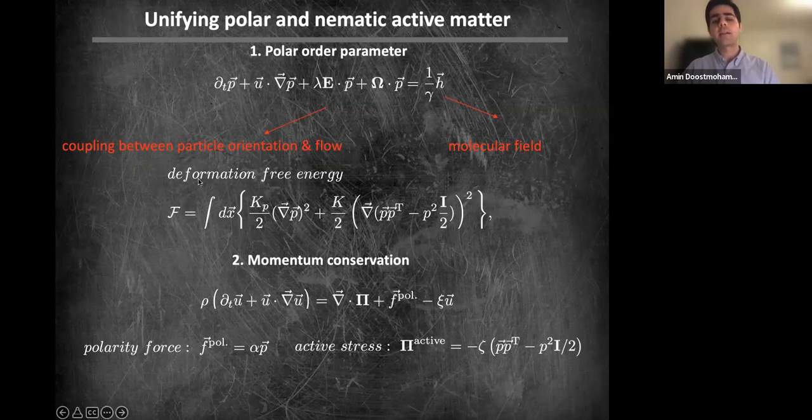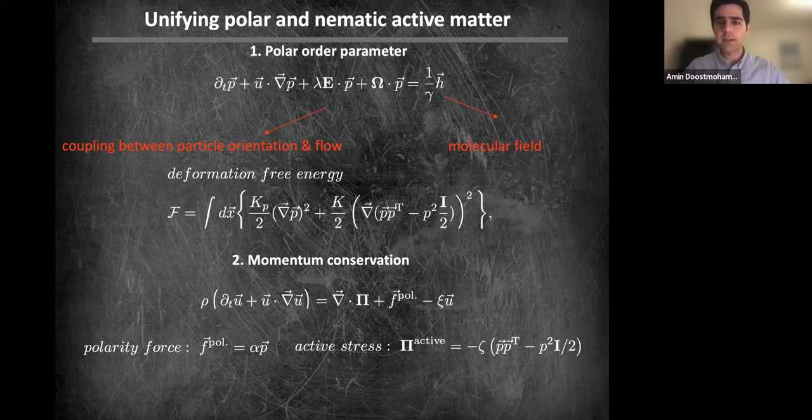So this penalizes any misalignment rather than all the polar vectors aligning with each other. But based on symmetry, we can add another contribution to the elastic energy that is based on the nematic symmetry. So we can form a nematic order parameter out of polarity and consider this term. This term essentially penalizes all the alignments that are not anti-aligned, or that are not nematic.